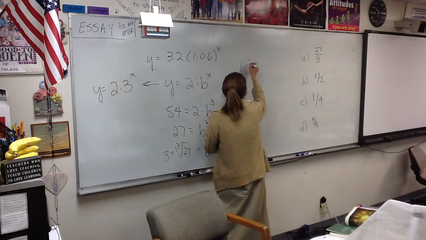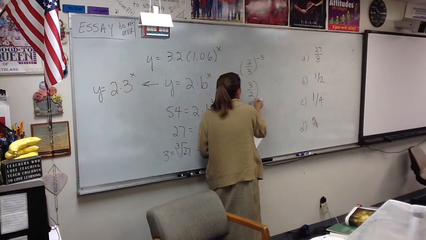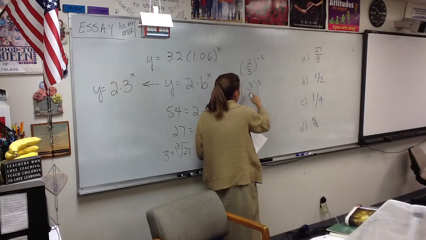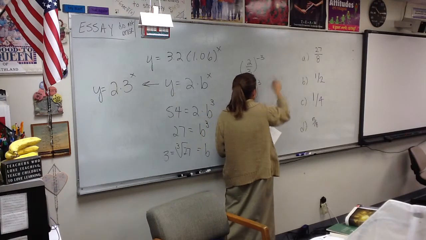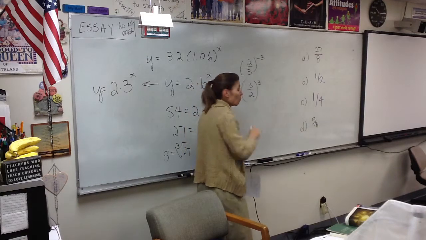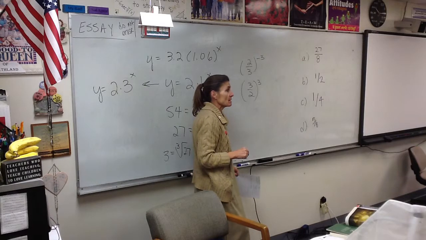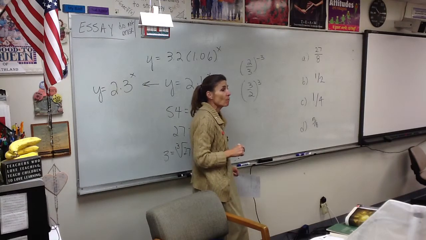Our logic is that negative is going to turn the fraction over, and then we're going to cube everything. So that's 3 cubed, 2 cubed. Perfect. We got 1/2 as the next one. Anybody want to argue or discuss that one?